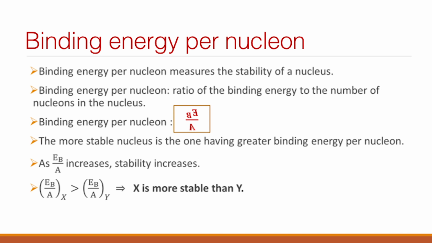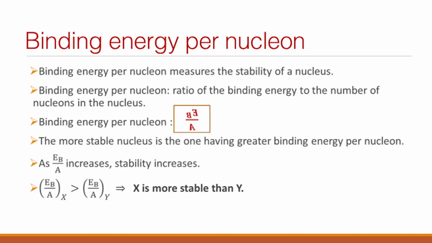Binding energy per nucleon measures the stability of a nucleus. So the binding energy that binds the nucleons to each other measures the stability of the nucleus. Binding energy per nucleon is the ratio of the binding energy to the number of nucleons in the nucleus. So binding energy per nucleon is equal to binding energy over mass number.